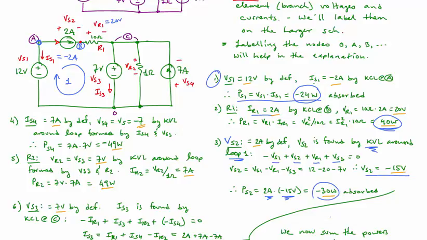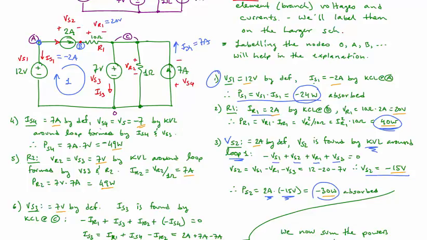Next, let's go to the voltage across the 7 amp source here. Okay, so IS4, I want to say this is IS4, is going to be equal to 7 amps by definition. And then VS4, we can determine that, if you will, by KVL. It's in parallel with the 7 volt source.